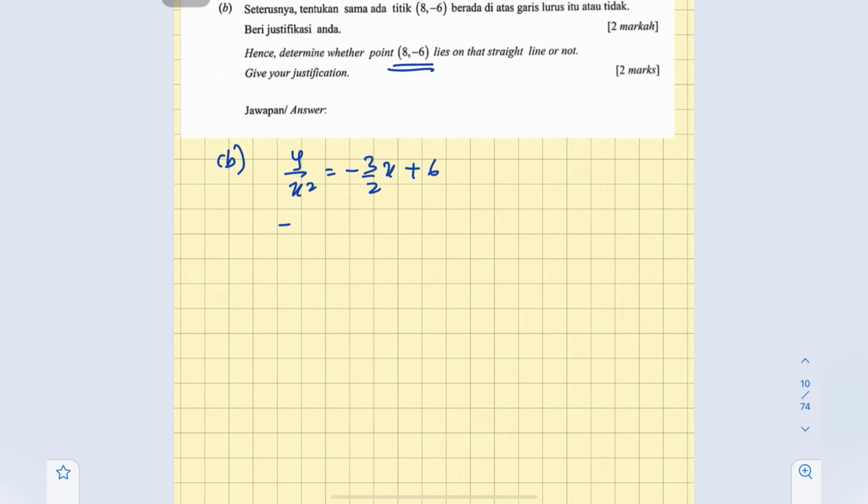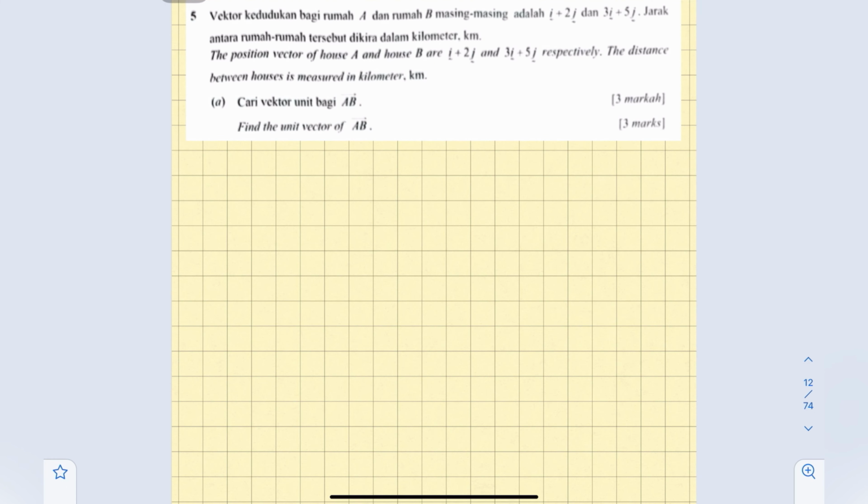So negative 6, negative 3 over 2 times 8 plus 6. So negative 12 plus 6. The left side equals the right side. So yes, this point lies on the straight line.